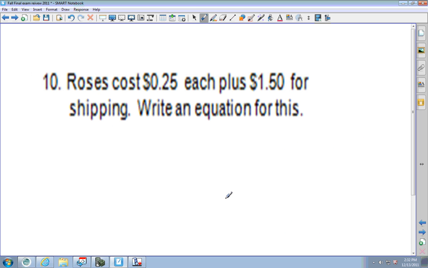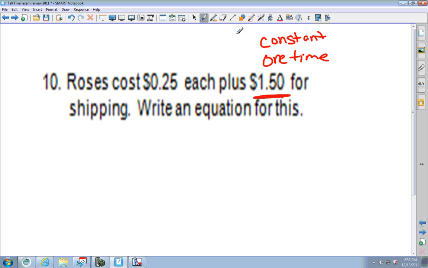Number 10. Roses cost 25 cents each plus $1.50 for shipping. Write the equation. Well, let's think about this. What is the thing you pay for one time? You only pay for the shipping one time. This is going to be your constant.